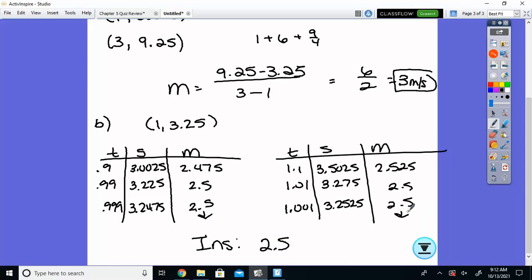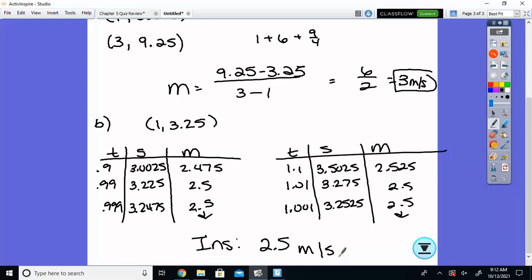It looks like both of these tables, they both turned into basically 2.5s. Okay, so on the test, I would have to give you something like this and ask you what value you were approaching.